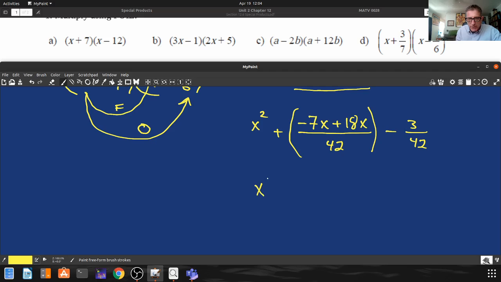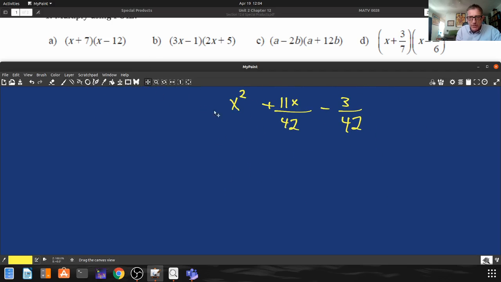So what do I have to simplify? I just have to add the numerators. So minus 7x plus 18x is the same as 18x minus 7x. So that's 11x. And it's divided by 42 minus 3 over 42. So that's one way to write the result.